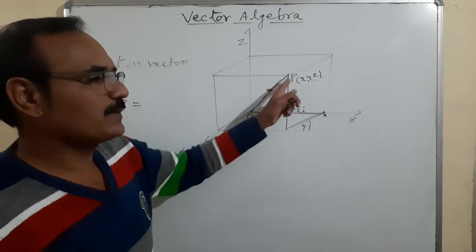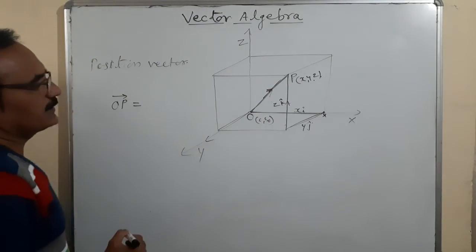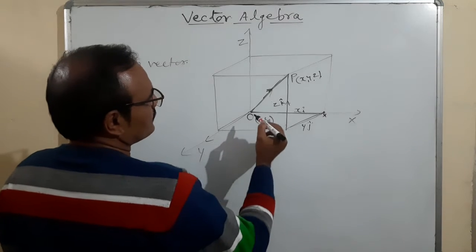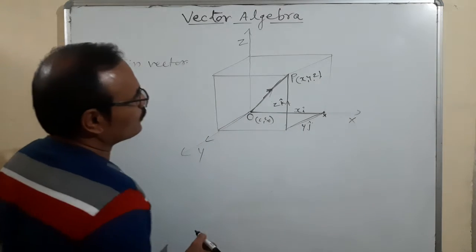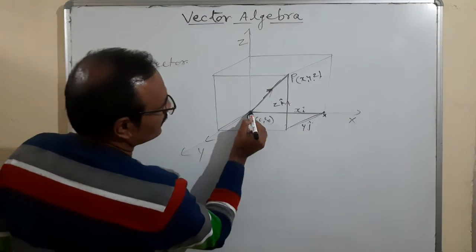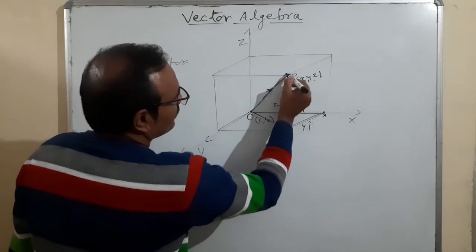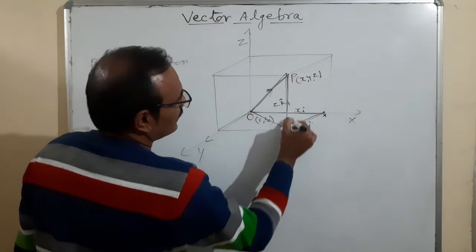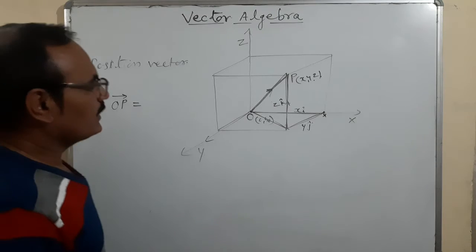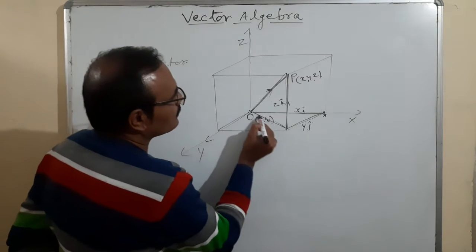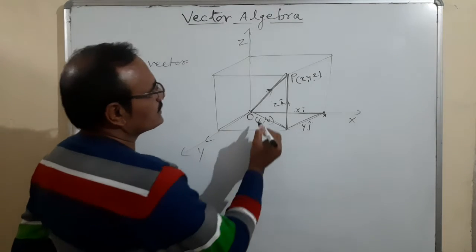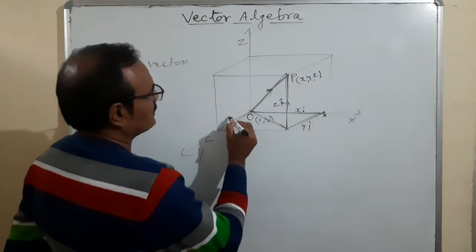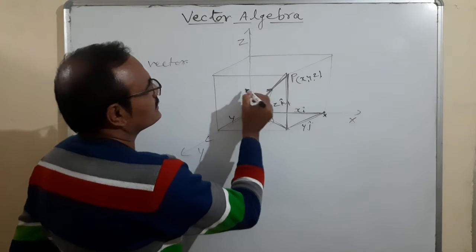By the way, if we understand algebraically, then we can understand like that. Suppose when we go from O to P, first of all we are coming here, and now it becomes a right angle triangle. In this right angle triangle, what is the value of this? Suppose this distance is x, it is y, and that is z.